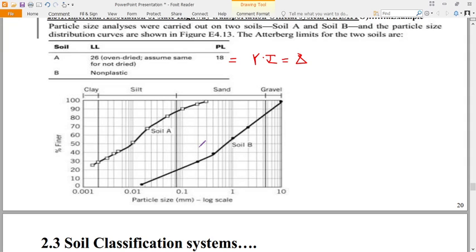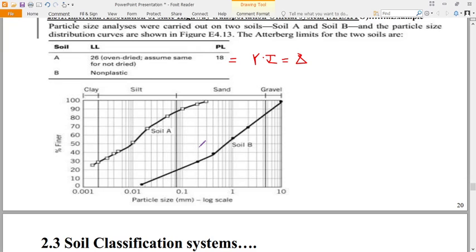Now for material B, the percentage passing sieve number 10, which is 2 millimeters. So this is 1, this is 2. So for material B, 2 millimeters will give you about 70%. So I say it is 70%. Then sieve number 40, which is 0.425.